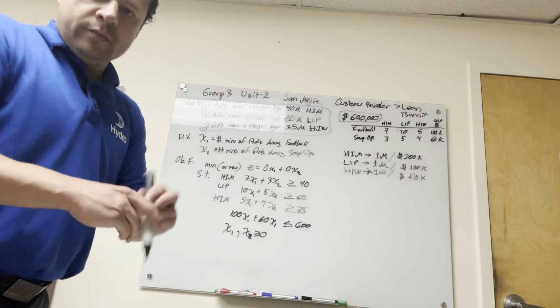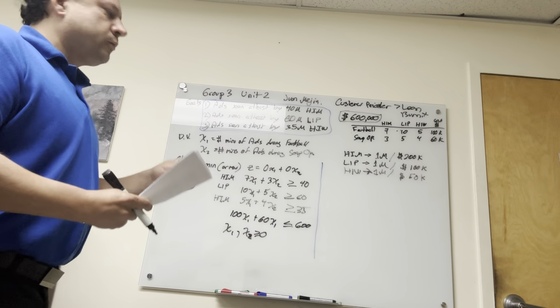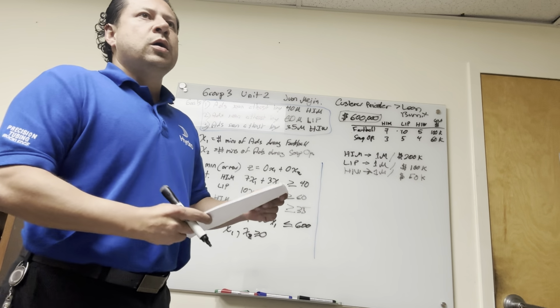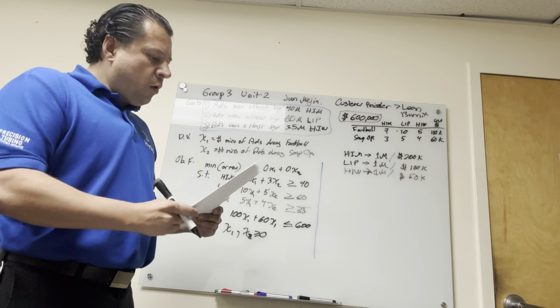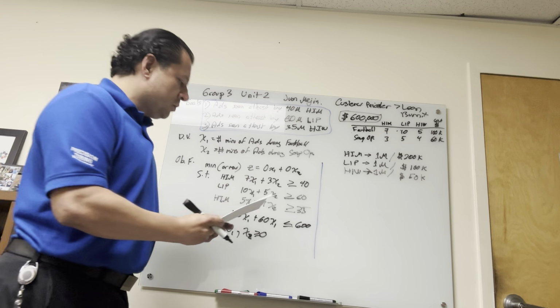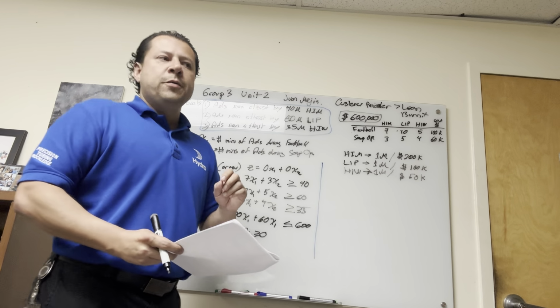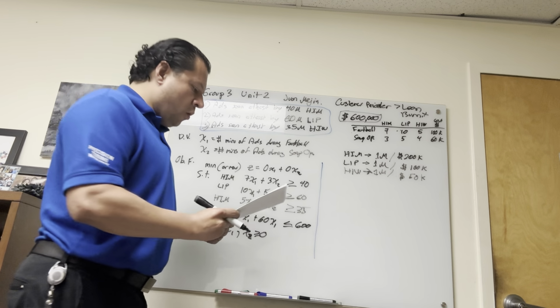Okay, and so the trick here, as I was saying before, is to find a way to transform these inequalities to equalities. And the way we do this is we introduce decision variables. In this case, we want to introduce a decision variable that's going to allow us to calculate if we go beyond or under the goal.